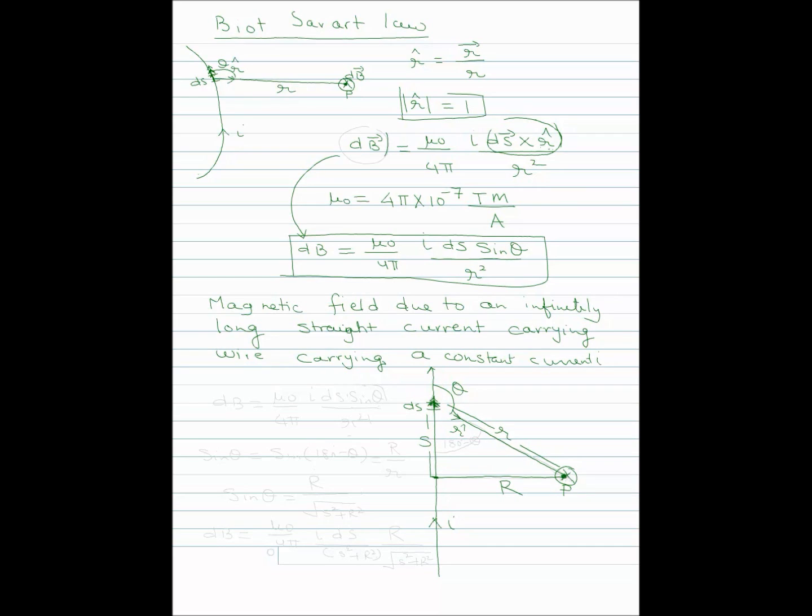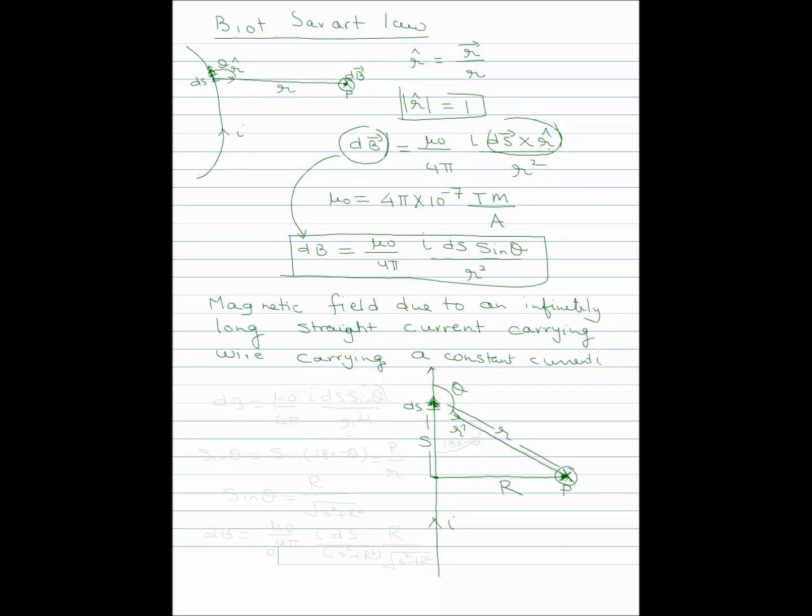So obviously the ds cross r hat vector, which is the direction of dB given by Biot-Savart law, will be pointing into the paper right here at point P. Okay, great. And notice that no matter where we choose the ds, whether we choose it here, here, here, anywhere, the direction of magnetic field will always be ds cross r hat, and it's always going to be into the paper here.